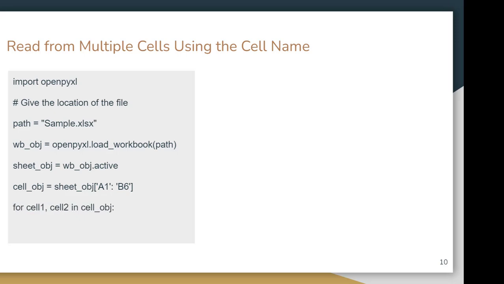Here I am using a for loop: for cell1 comma cell2 in cell_obj, that means the values stored in cell_obj are stored in cell1 and cell2. After the colon, print cell1.value and cell2.value. This returns the value of the first cell and the value of the second cell, that is column 1 value and column 2 value.